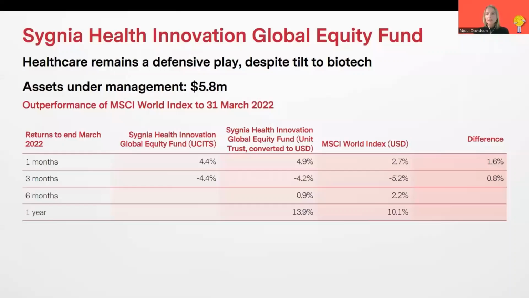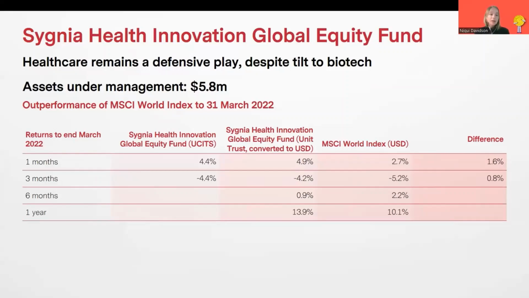Taking a look at performance, we only have a relatively short track record for the UCITS fund itself, but as I mentioned, we do have a similar fund domiciled in South Africa. So if we just convert those returns to US dollars, we get a good proxy of what one might expect from a healthcare fund such as the one that we've launched.